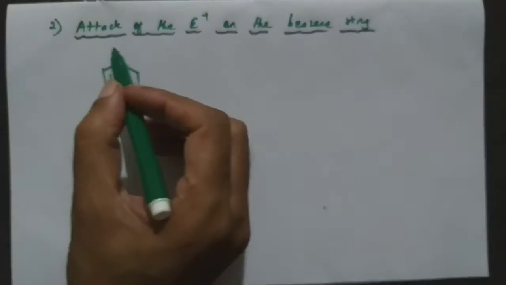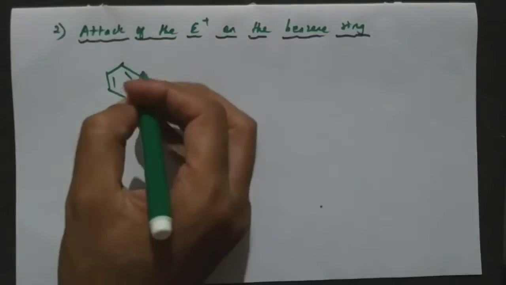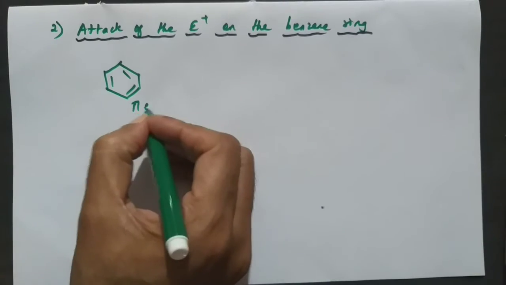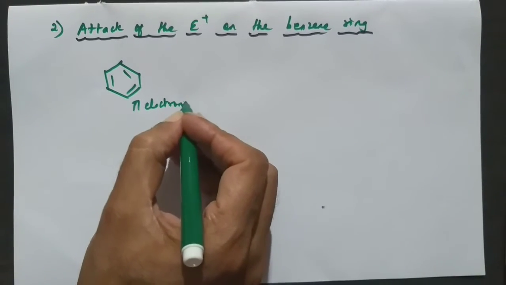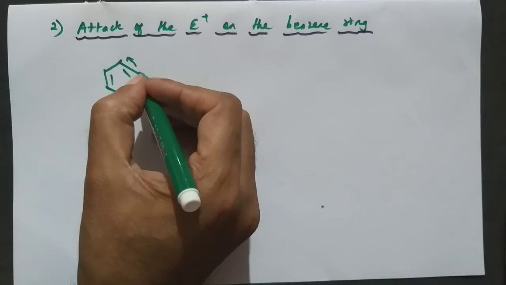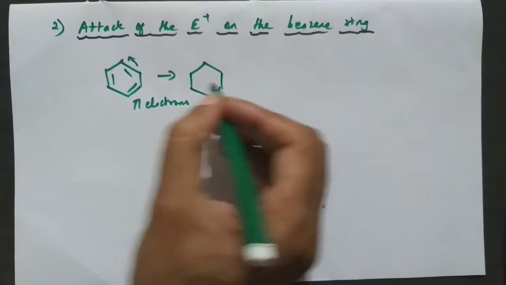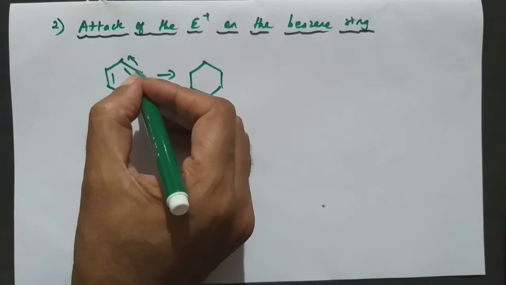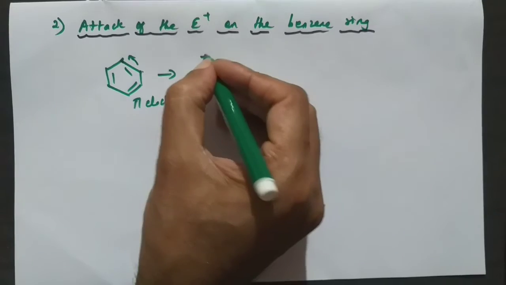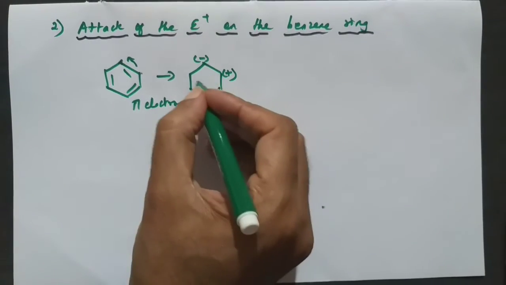The next step will be the attack of the electrophile on the benzene ring. In benzene we have these pi electrons, and they will move towards this carbon, so this carbon is losing the electron. Between this carbon and this carbon, the electrons move towards this carbon, making it negative because it is gaining the electron, and this becomes positive.